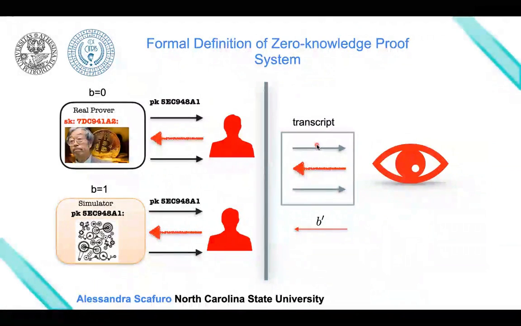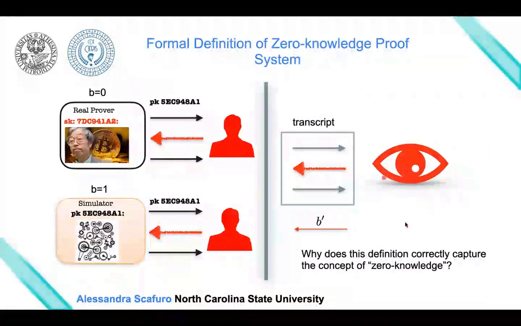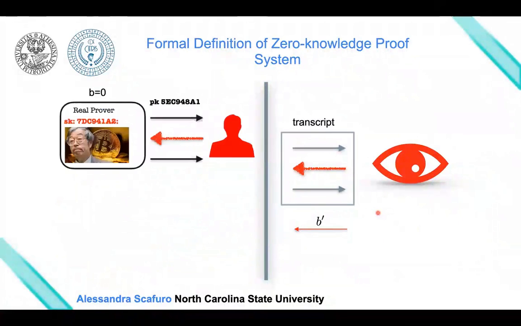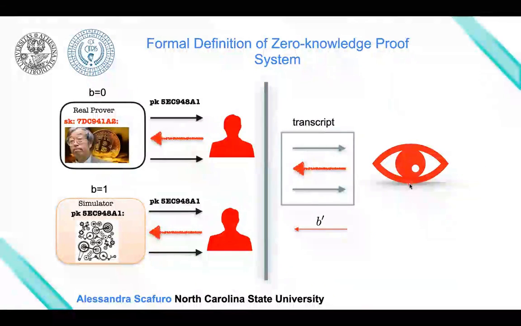Now, the idea is that if the distinguisher cannot tell, by looking at the transcript, how the transcript was computed, then it must be the case that the transcript does not leak any information about the secret, because the simulated transcript was not computed with the secret.